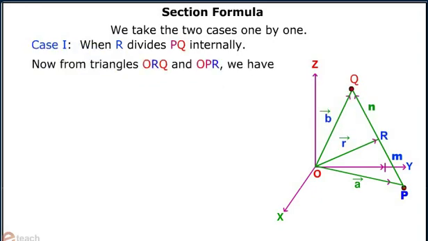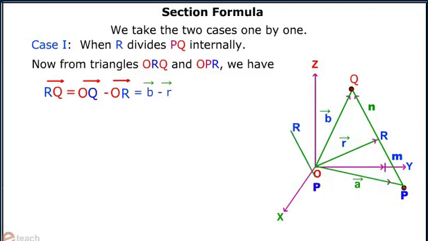Now, from the triangles ORQ and OPR, we have the following equations. RQ vector equals OQ vector minus OR vector, which equals B vector minus R vector. Similarly, PR vector equals OR vector minus OP vector, which equals R vector minus A vector.